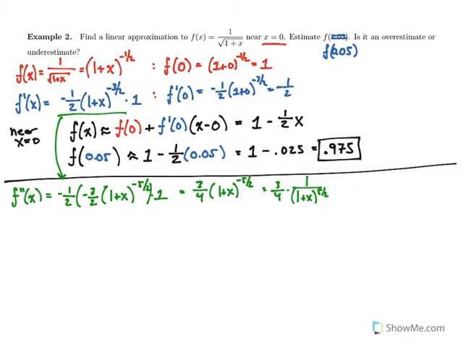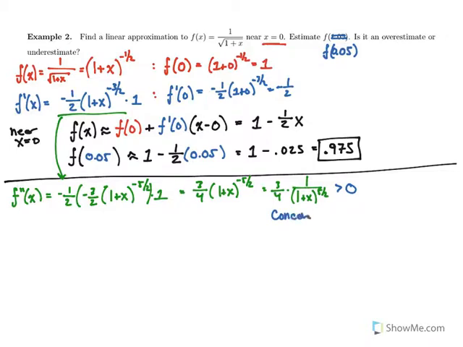And x has to be greater than negative 1, so this is actually always positive. We need a negative under the square root for that to be negative. That's not going to be possible. So this is always positive.